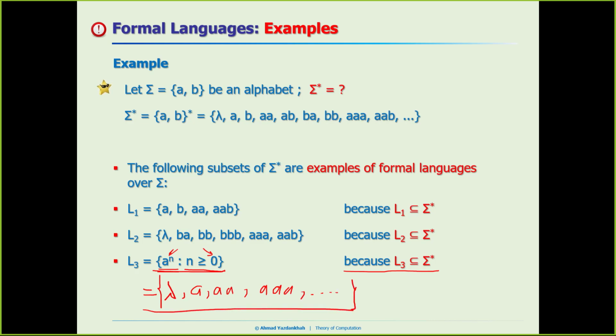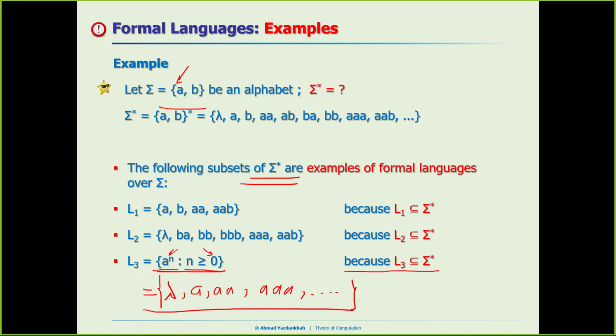Is this a subset of sigma star? Yes, of course it is. Sigma star contains all possible strings with A and B. So definitely all of the strings that can be made by A alone are part of sigma star as well.